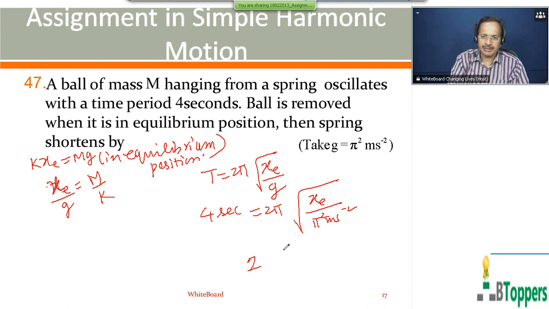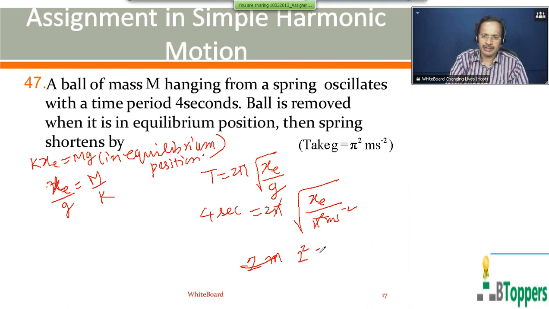So pi gets cancelled here. You get the square m by k is equal to xe by g. The time period is 4 seconds. So if you cancel pi square, under root of pi square, pi can cancel.